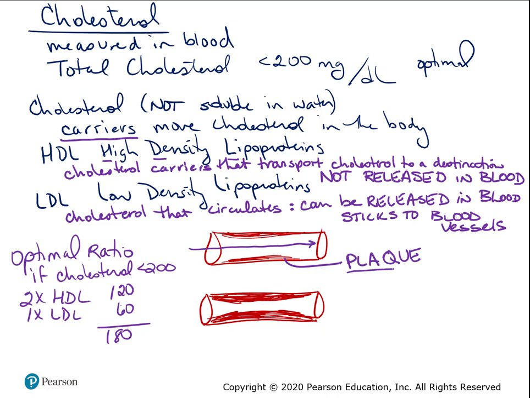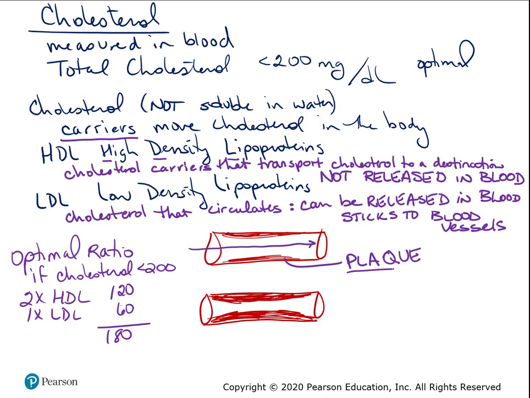Plaque is cholesterol and fat that begins to collect on the wall of a blood vessel, and it's connected to levels of LDL. If your doctor says your LDL levels are high, that indicates a higher incidence of fat beginning to collect along the blood vessel wall.